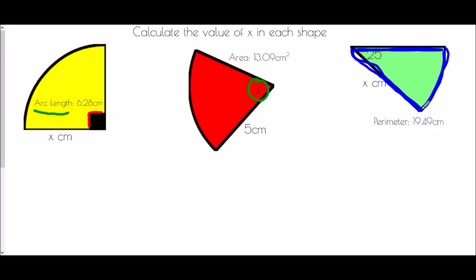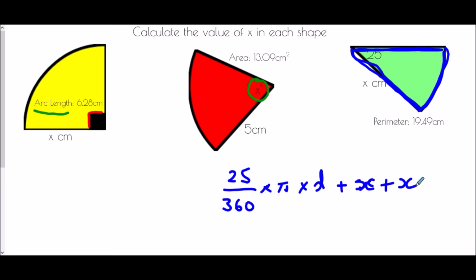And so when we think of the perimeter here, we need to think about the arc, and the arc would be 25 over 360 times pi times the diameter. That would give us the arc, but then we would also need to add in the two radii. So add another x as one radius, and add another x as the other radius.